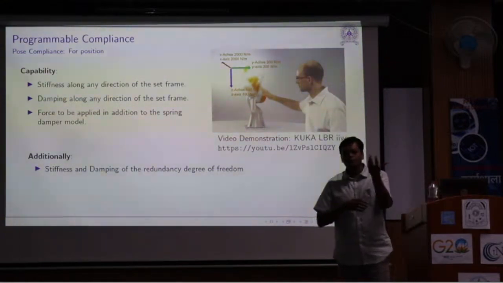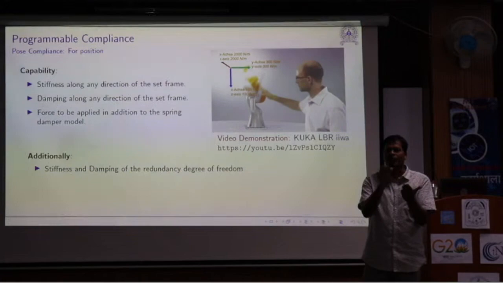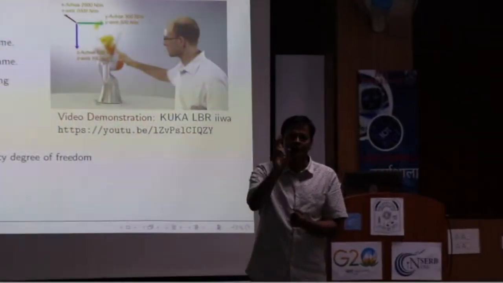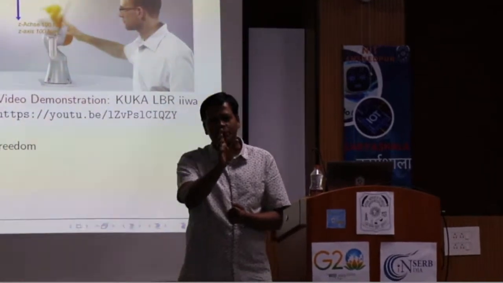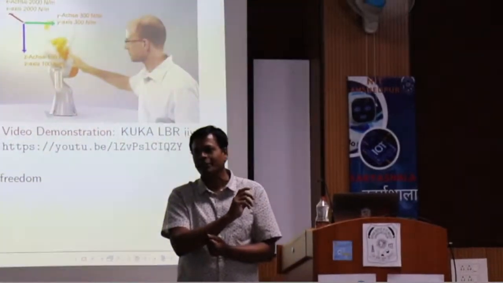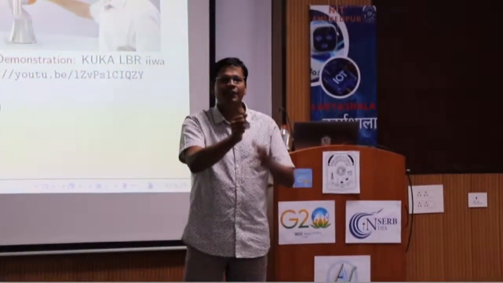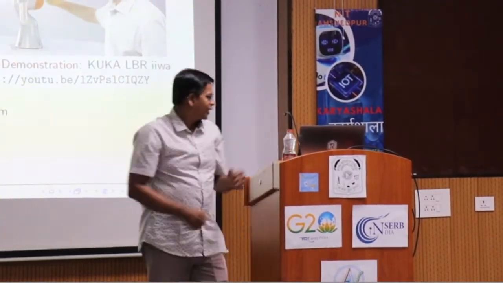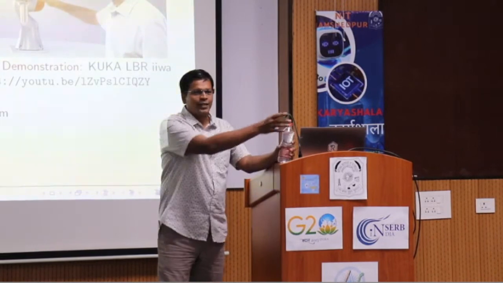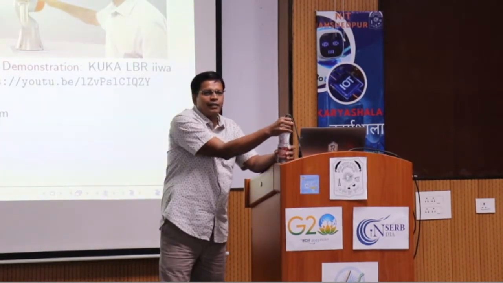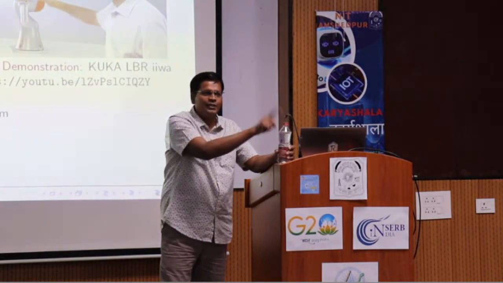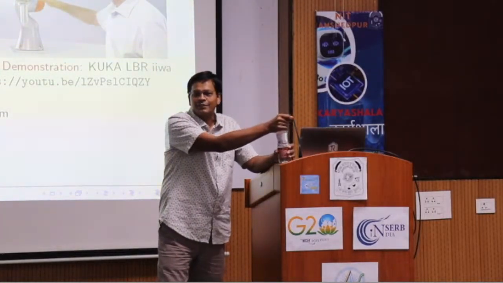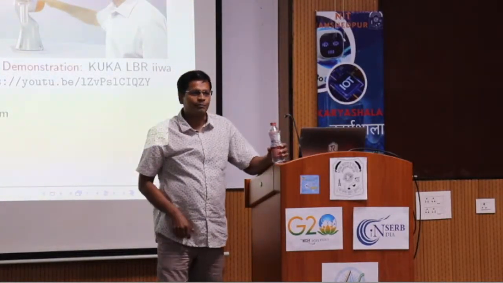It is known as a pose. Pose is position and orientation. Although your end effector has 6 degrees of freedom for position and orientation, it is a pose which it can attain. For a given pose, you have an infinite number of solutions. I can hold this bottle in a way, and then I can move the rest of my arm without even changing the position and orientation of this. So it is a redundant arm.